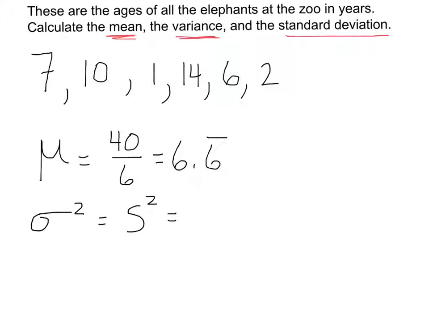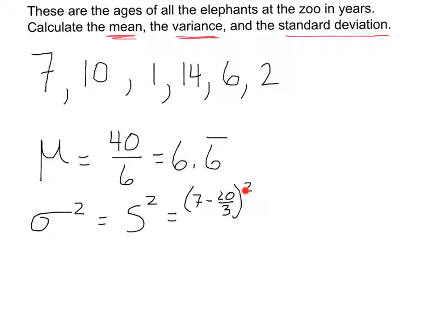So here's what we'll do. We'll say 7 minus the average, which is 20 over 3, and we'll square it. So I did the first elephant minus the average, and I'm squaring it.